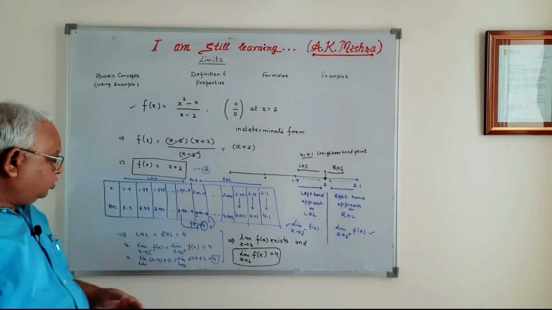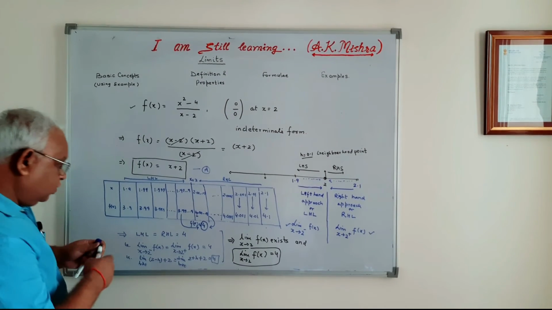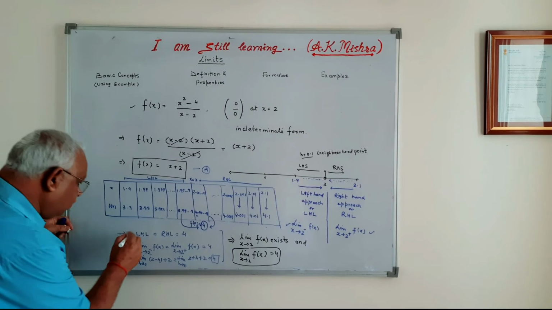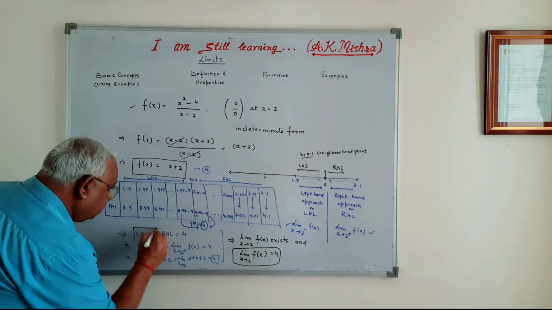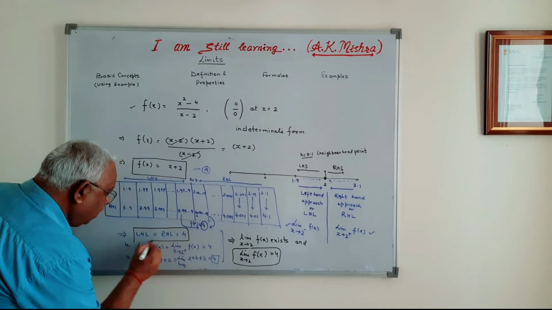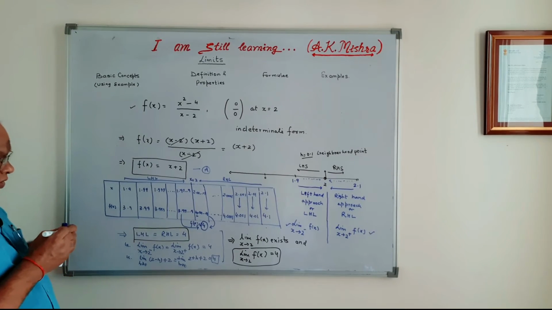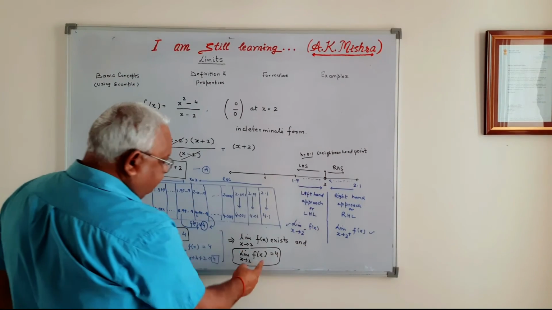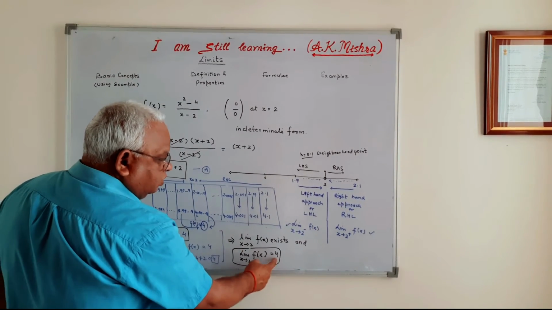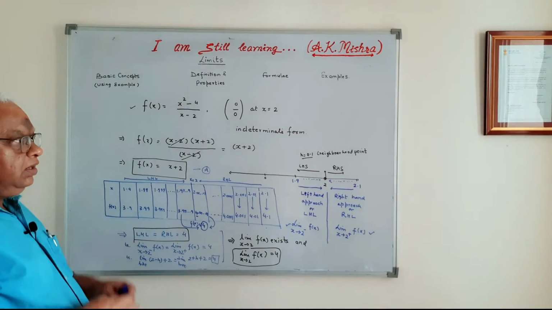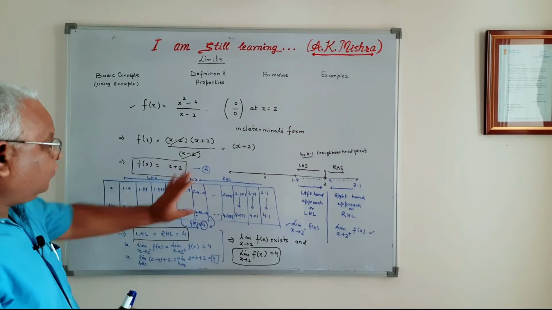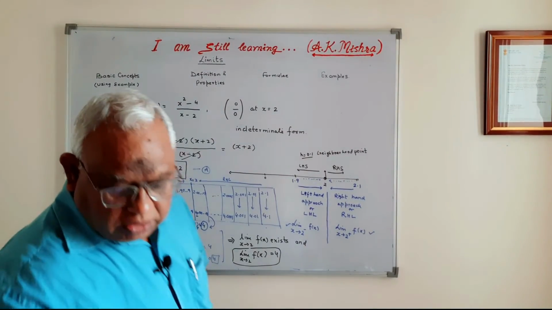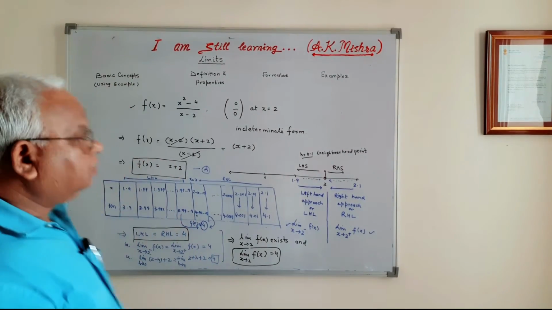The limit of the function exists only and only when this happens. Means you are approaching a common value from left hand side and right hand side. So this is the concept of limit using an example.